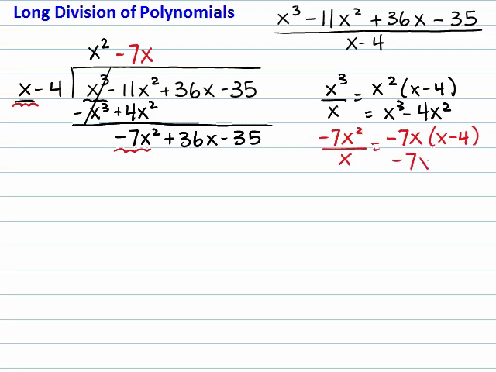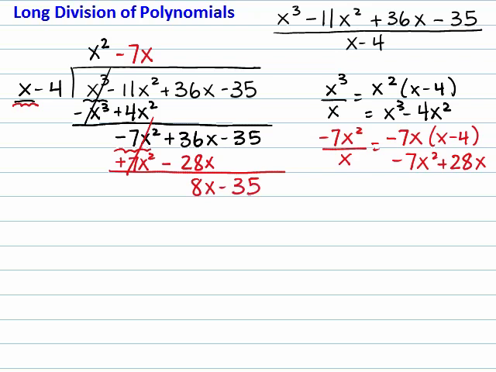This is negative 7x squared plus 28x, and I have to subtract. I subtract by switching the signs and adding the opposite. So I'm gonna add positive 7x squared minus 28x. The leading terms will add up to 0. I will end up with 8x minus 35.